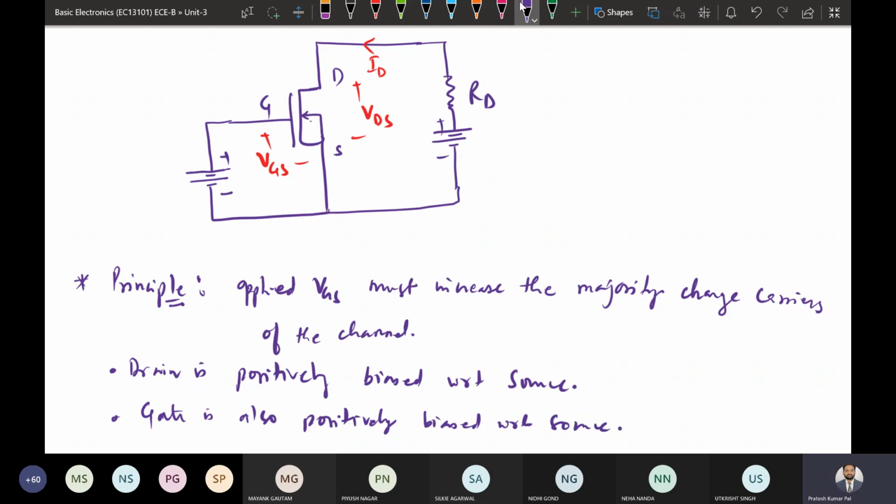So both are positively biased with respect to source in case of enhancement mode of operation.